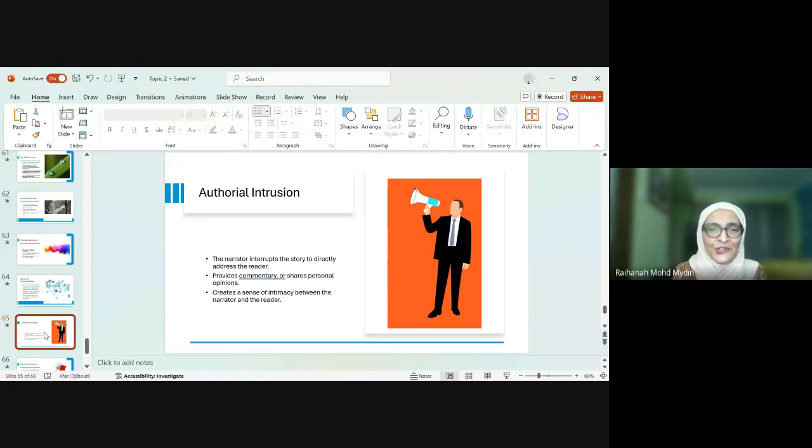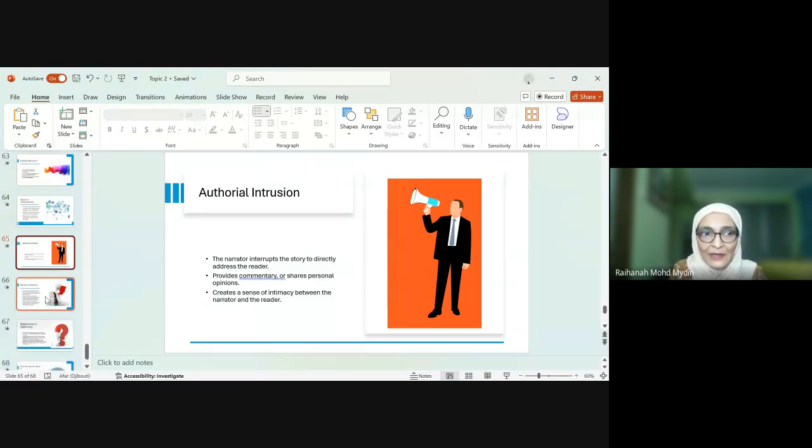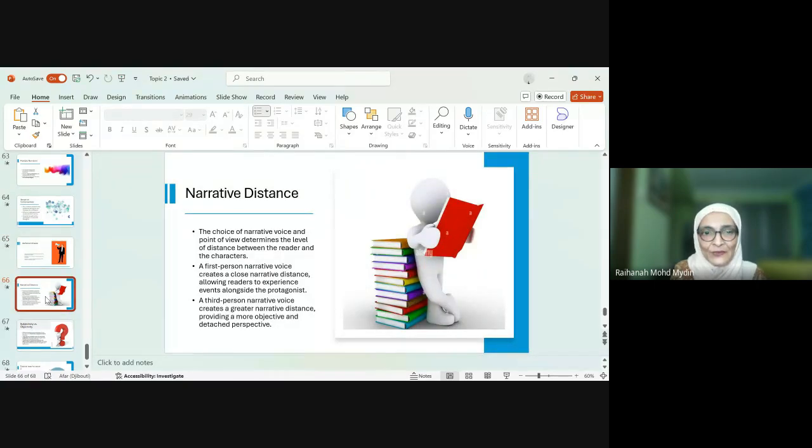You have to differentiate between the poet or the writer, the author, and the narrator in the text that is being used to tell the story. So in your presentation, in your discussion, be mindful that when you're discussing the text, it is not about the writer, but rather the narrative voice that is being used. So focus more on the narrative voice.